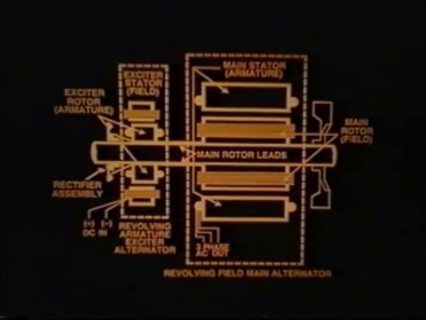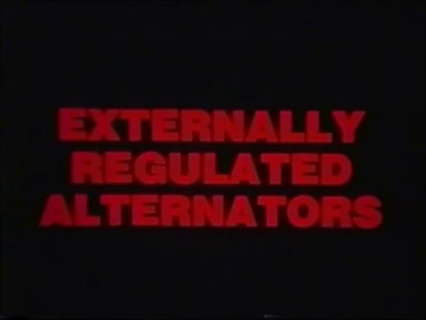It then corrects the exciter output as necessary to maintain the output voltage of the main alternator at some level or preset value. Alternators designed with external voltage regulators are termed externally regulated alternators.